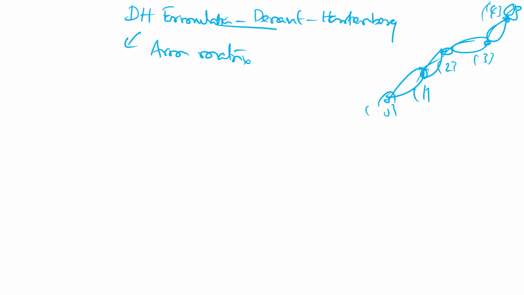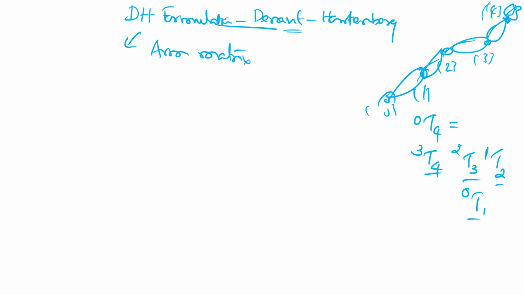If I want to know the position and orientation of this frame with respect to the base frame, or of the fourth frame with respect to the third frame, or of the third frame with respect to the second frame, or of the second frame with respect to the first frame or the zeroth frame, these informations are clearly given by the standard procedure called DH formulation.